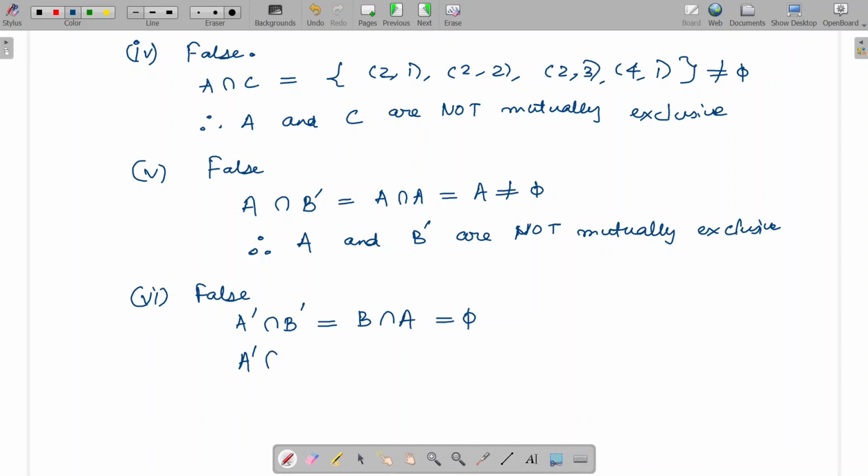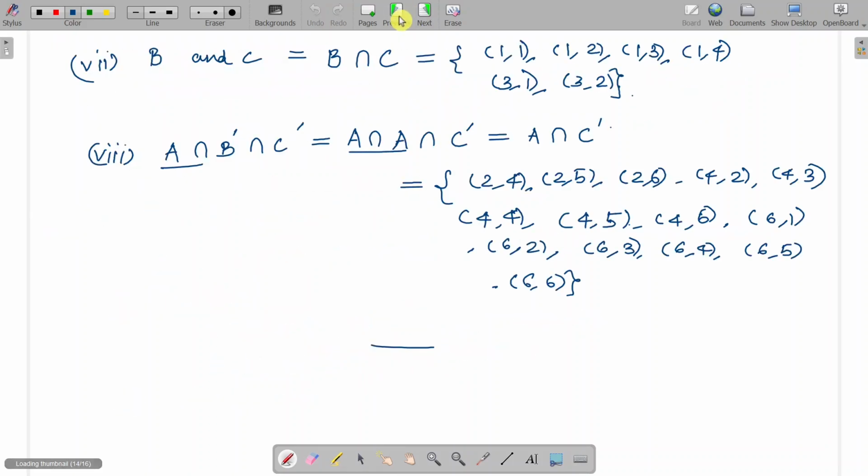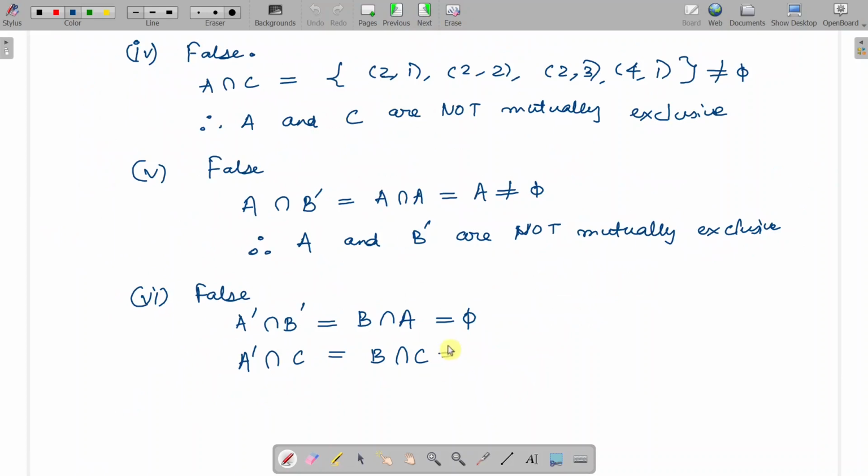Now A complement intersection C will be B intersection C, and B intersection C we saw here. It is not equal to empty set. And if we take B complement intersection C, that is A intersection C. So A intersection C is also not equal to empty set, right?